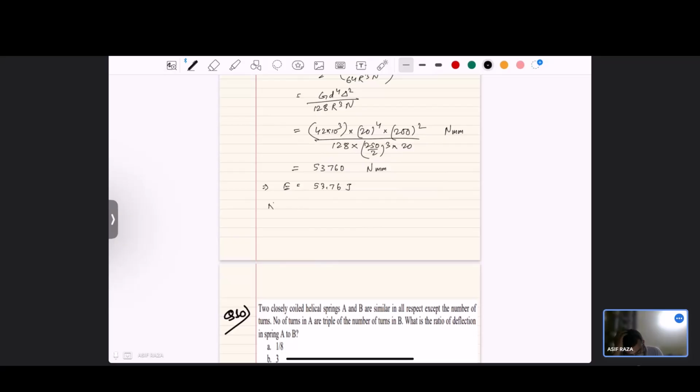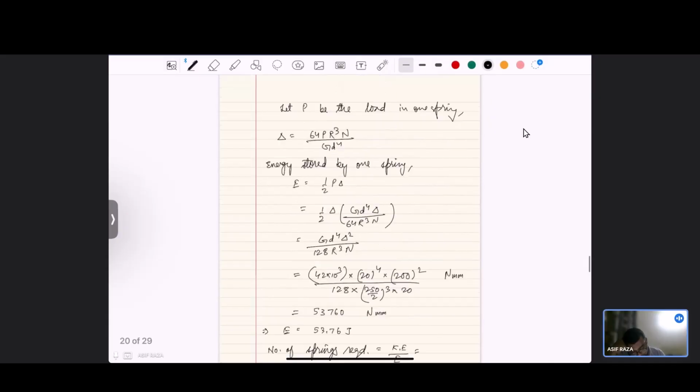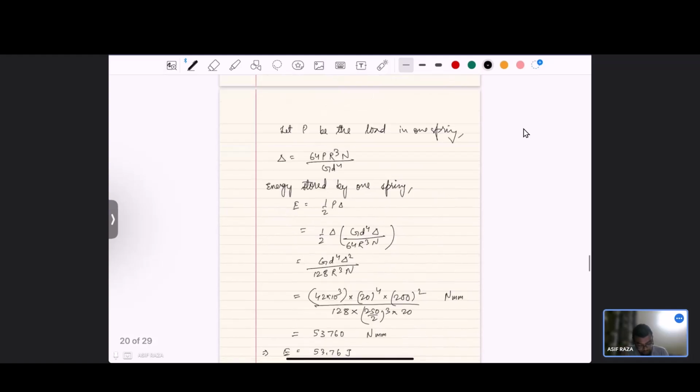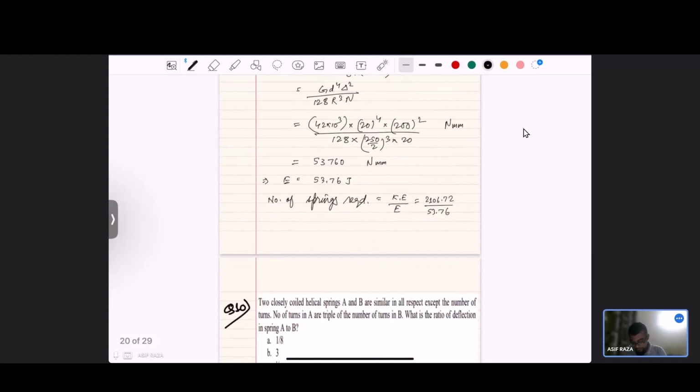Yeah, so number of springs required equals kinetic energy divided by energy of one spring. This would be equal to 2106.72 upon 53.76, and this comes around 39.1875.